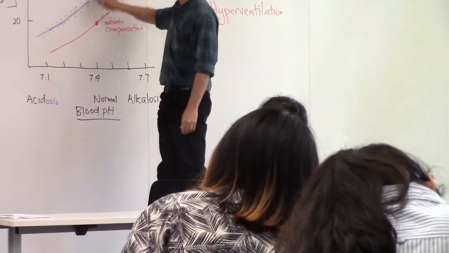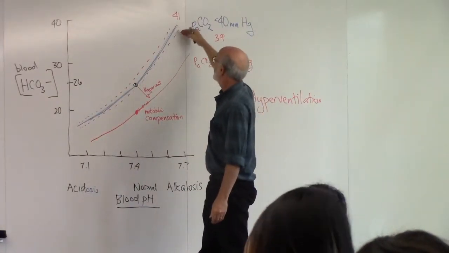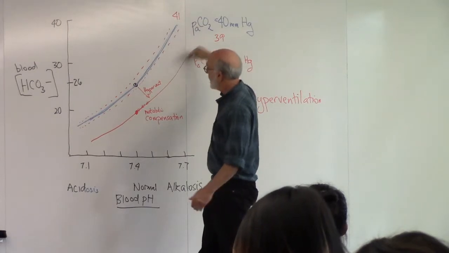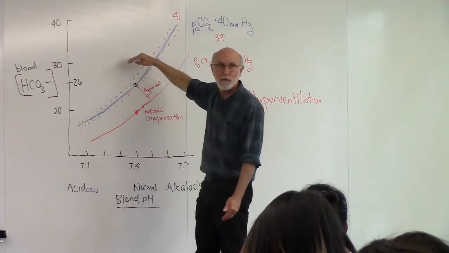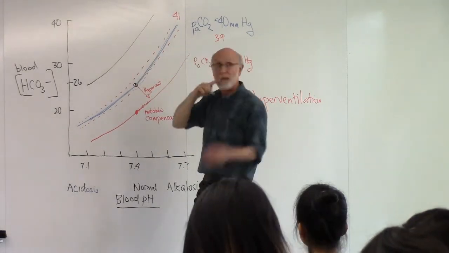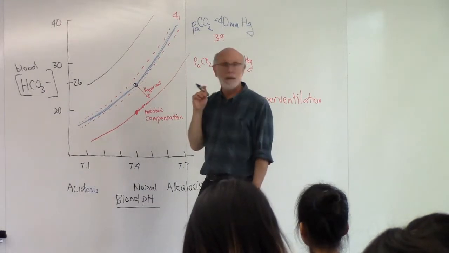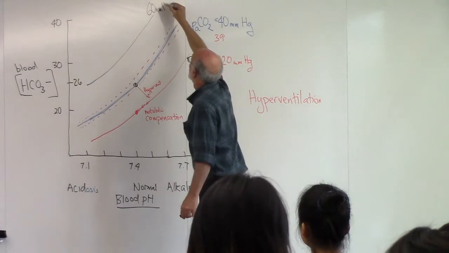There's a whole family of curves that are up here, right? So remember, there's 39, 38, 37, 36, 35, down to 20 here. And now there's 41, 42, 43, 44, 45, all the way out to, what do I use in the example? 60? Yeah. So 60 millimeters of mercury.